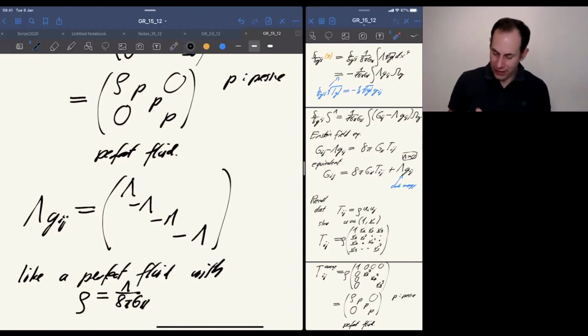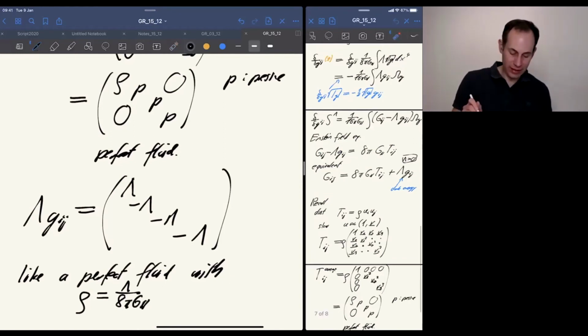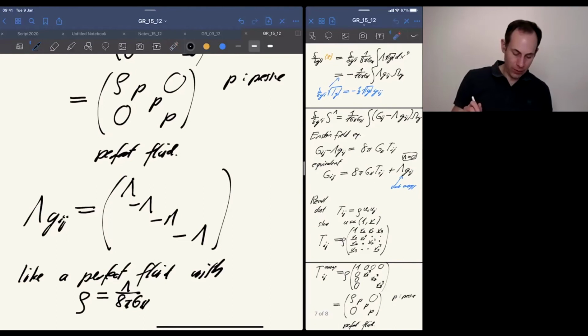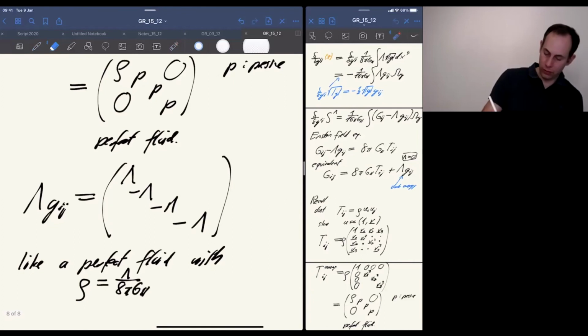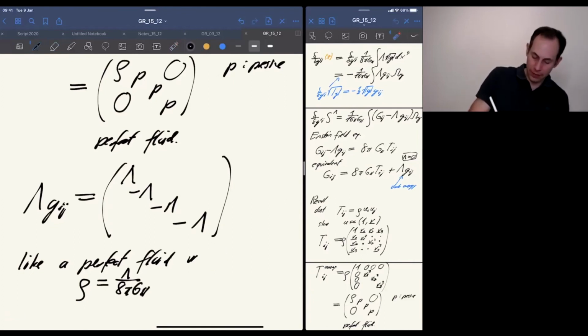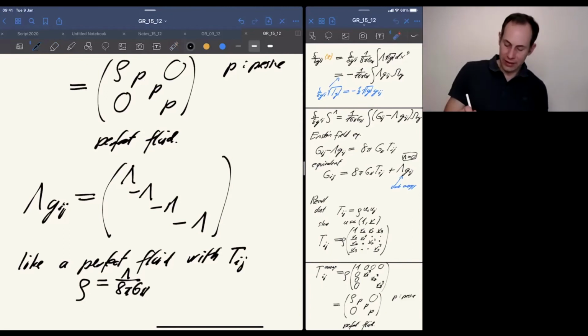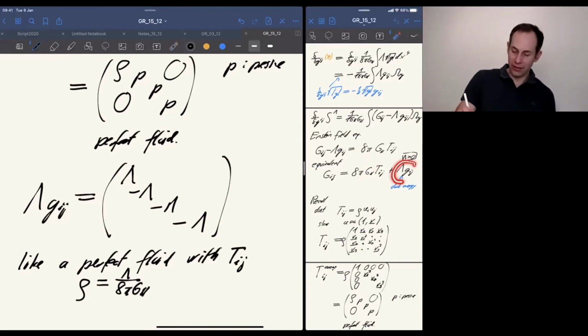Why this normalization? If I want to put it into the form of a tensor, of an energy momentum tensor, here we have no prefactors.